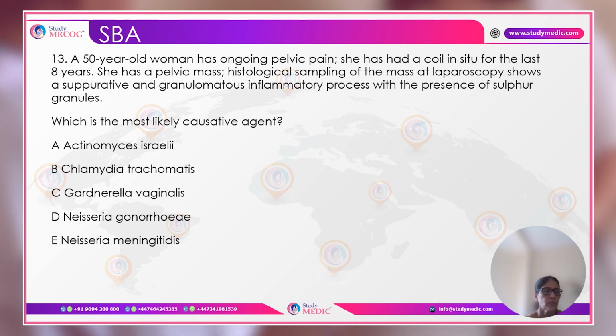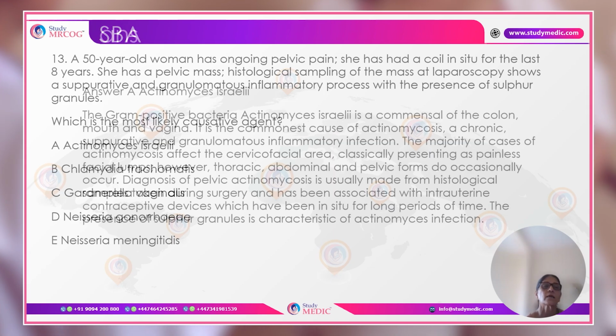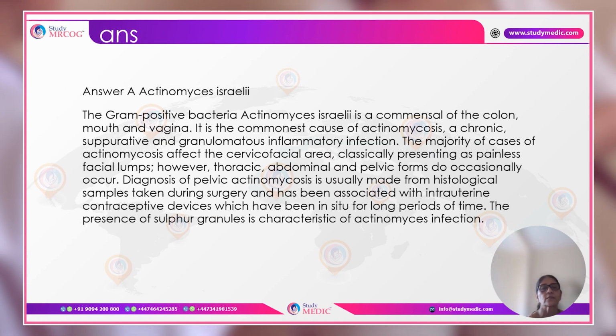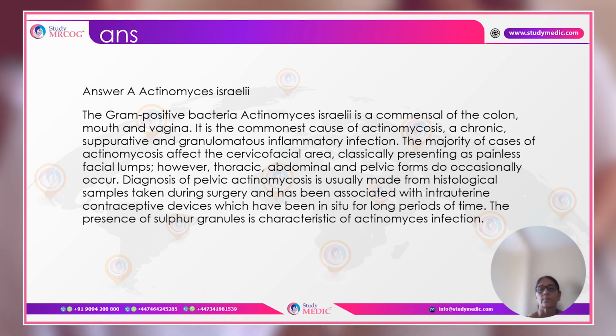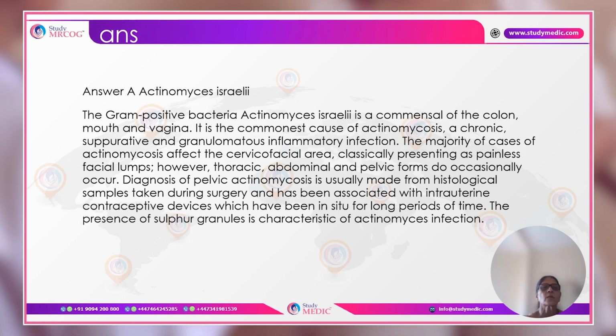Remember, whenever you hear the word sulfur granules, it cannot be anything else other than Actinomyces israelii. Okay, so this organism is normally a commensal of the colon, mouth or vagina and it is the commonest cause of actinomycosis. The majority of cases affect the cervicofacial area.